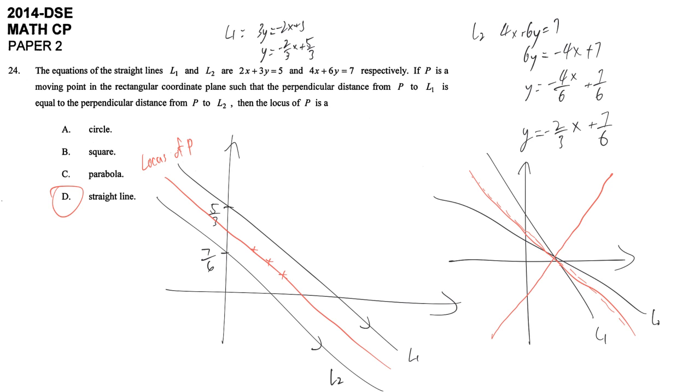So you'll find that the locus of P may be on this line, or may be on this line. Then we describe the locus of P as a pair of straight lines: not only one line, but two lines here. But in this case, if they give you the same slope, then it's just one straight line.